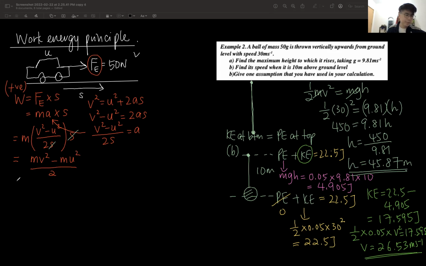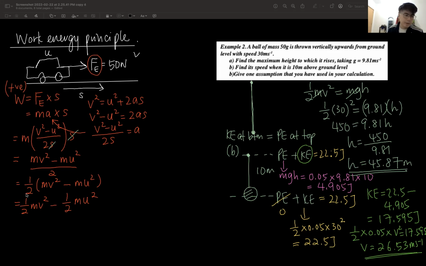Okay, so this one I can write as 1 over 2 MV square minus 1 over 2 MU square. What is this? Kinetic energy final.